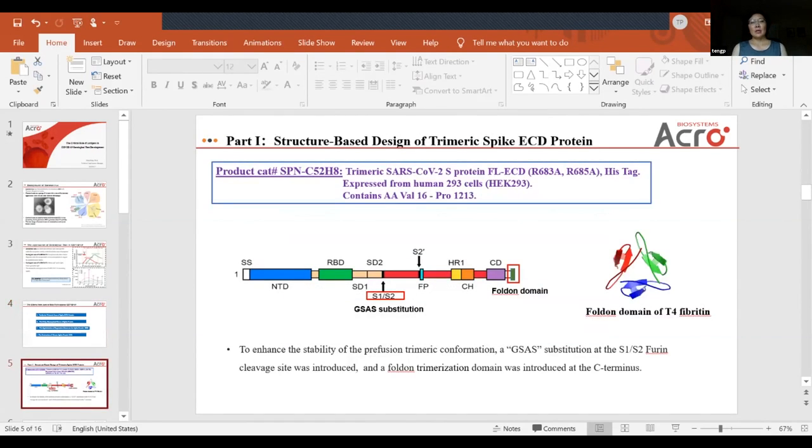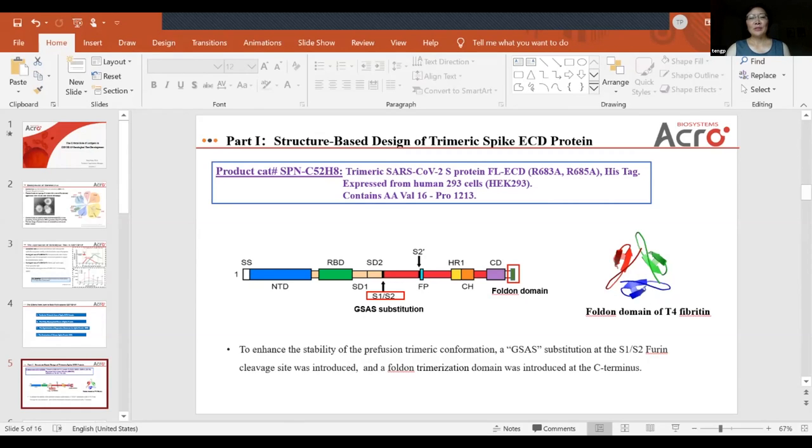The first one is we have been making efforts to design a trimeric spike extracellular domain, full length of SARS-CoV-2 spike proteins.